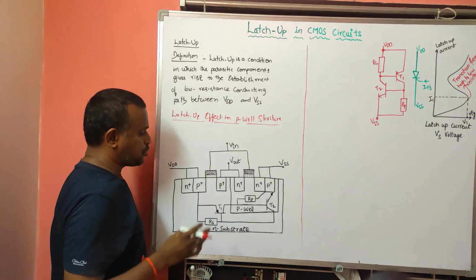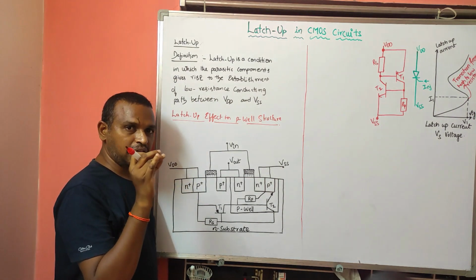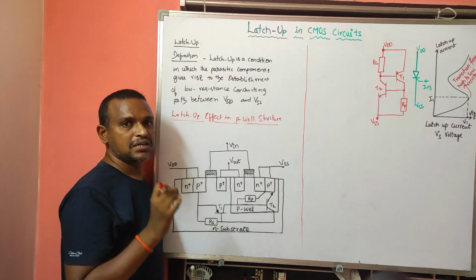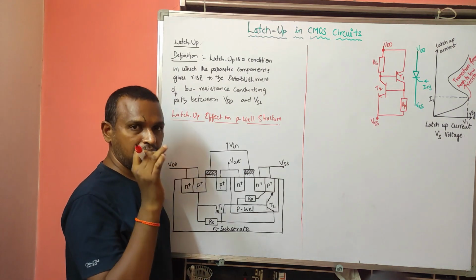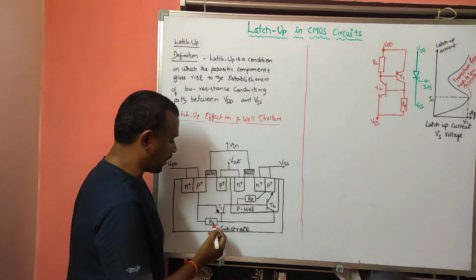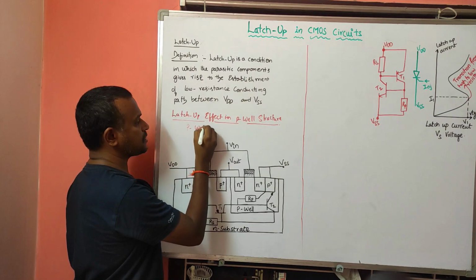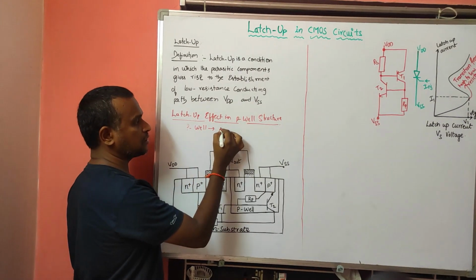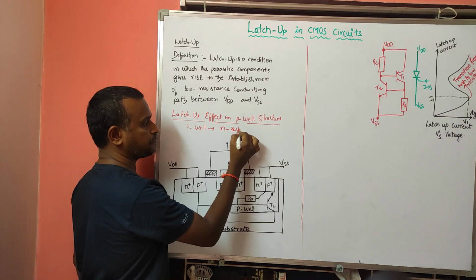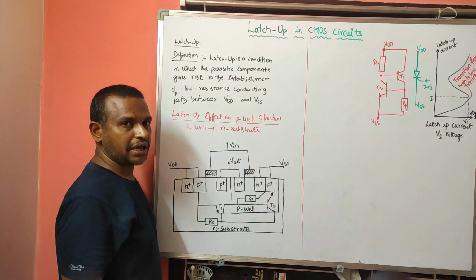How will it form? In the P-well process, while fabricating the CMOS, we require a P-well and a substrate. P-well process means we have to consider an N substrate.